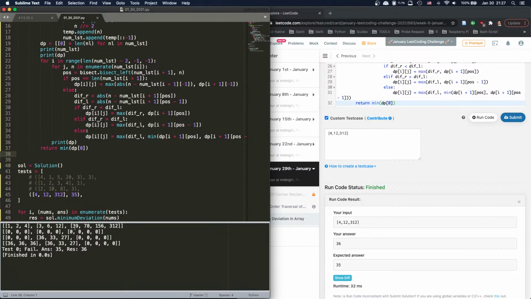Or we can see, we're 1 to 4 at the start, and then the second one is 3 to 12, and the last one is 39 to 12. So I want to pick one of the numbers, right?